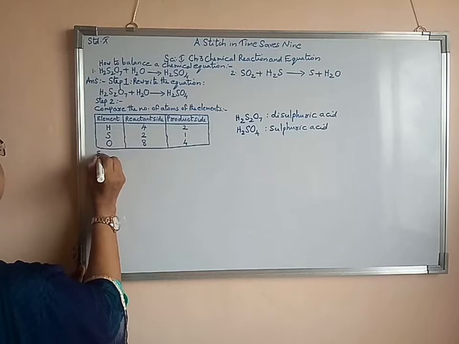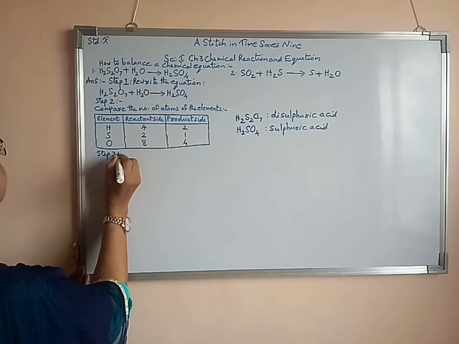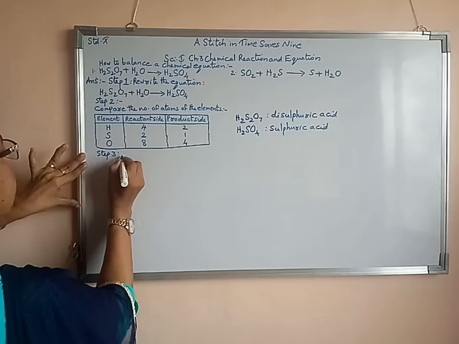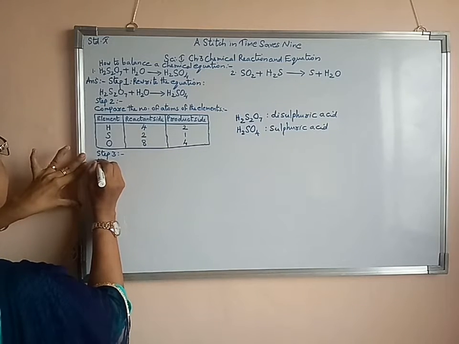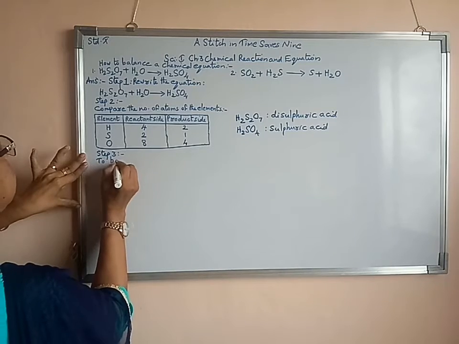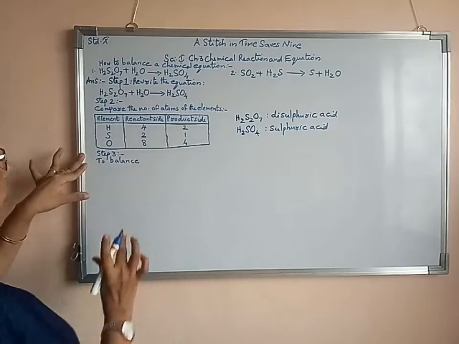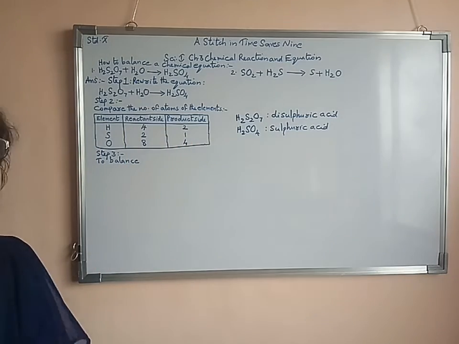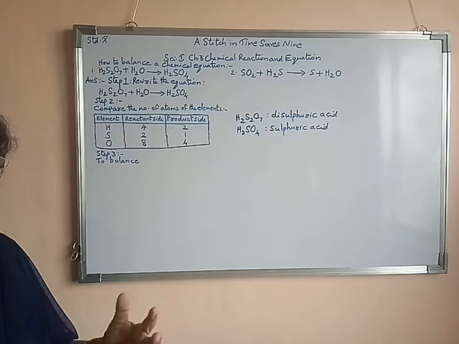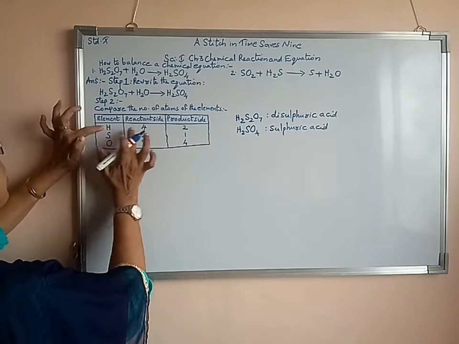So we have to write now step 3, to balance. One by one we have to do, because all 3 are not in a balanced condition. So we need to balance everything, but one by one. So first we will balance the number of hydrogen.